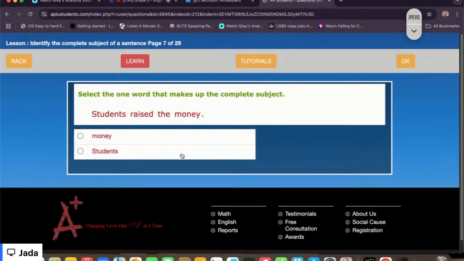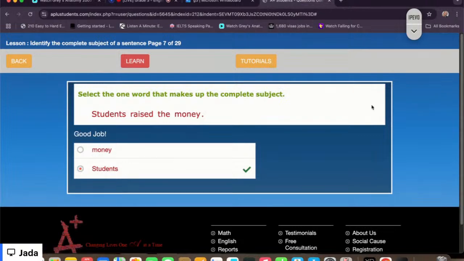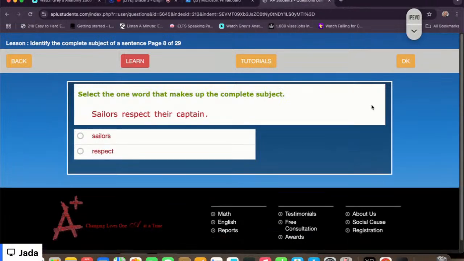So students is what? The subject. Sailors respect their captain. What is the subject here?